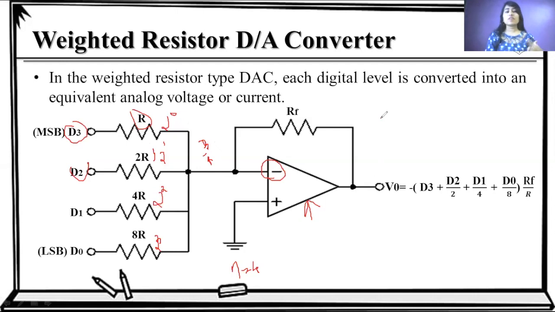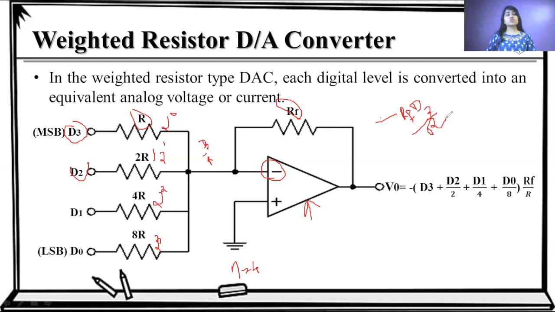To amplify the signal we have the feedback resistor, and as we give the input in inverting mode, we have minus RF into D3 by R.